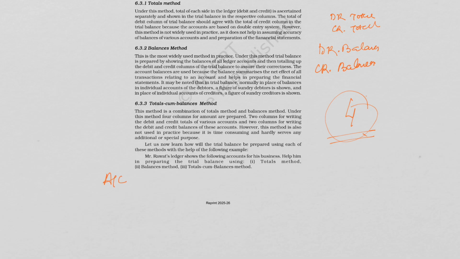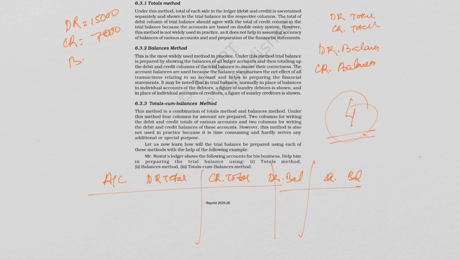The format is account, debit total, credit total, debit balance, credit balance. For example, like the cash account, we have debit total rupees 15,000 and credit total rupees 7,000, so the balance is rupees 8,000. So we write the debit total 15,000, the credit total 7,000, as well as the debit balance as 8,000.